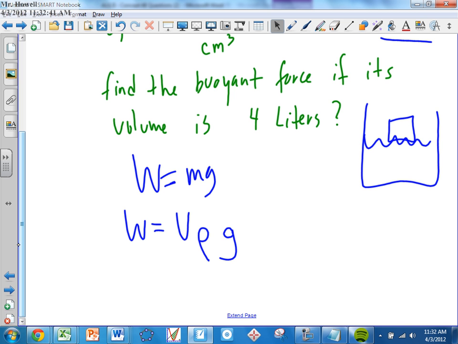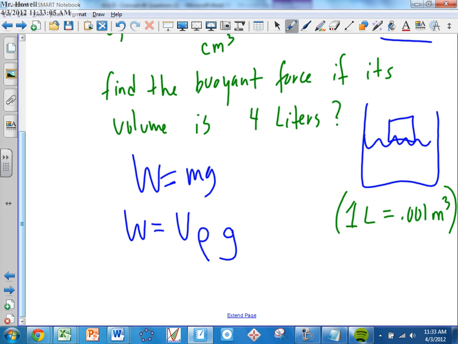So for this problem, to start, I've got to convert this. What was my conversion factor from liters to meters cubed? 0.001, very good. So 1 liter is equal to 0.001 meters cubed. You'd be given that if you have this problem. Again, any conversions that are needed will be given.